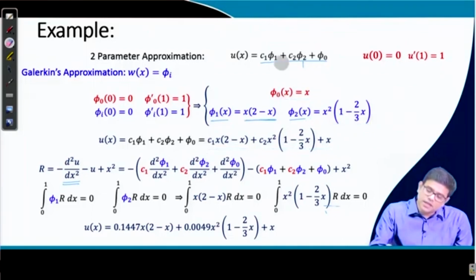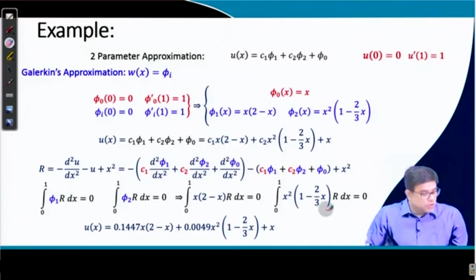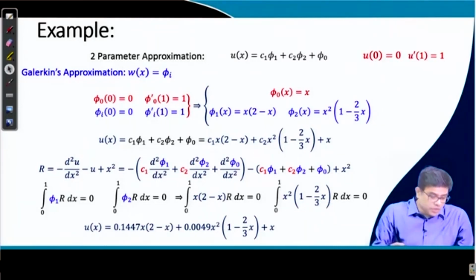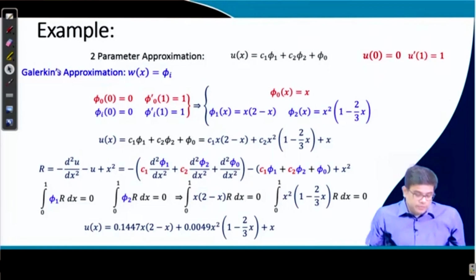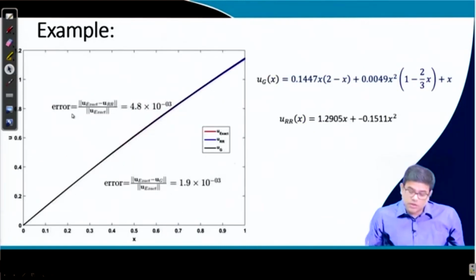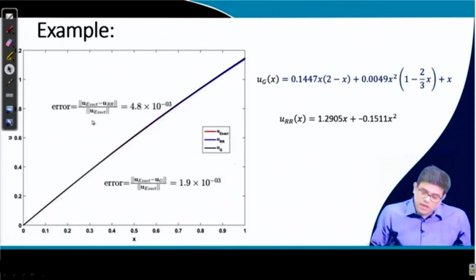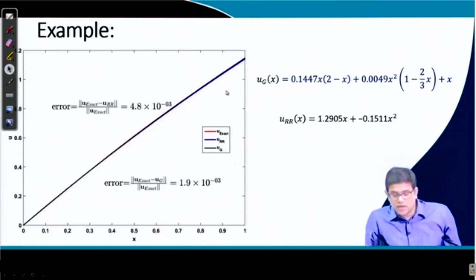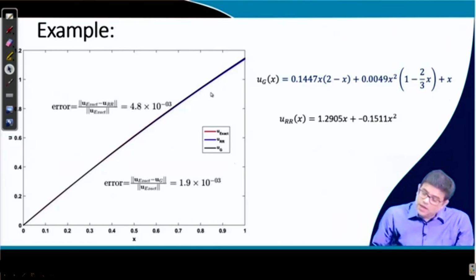Now I will show you the same exercise I did in the previous case. So what is the corresponding solution? Here I choose the same exercise. If you look carefully, our Galerkin solution is a little better because the norm is less compared to the previous one.